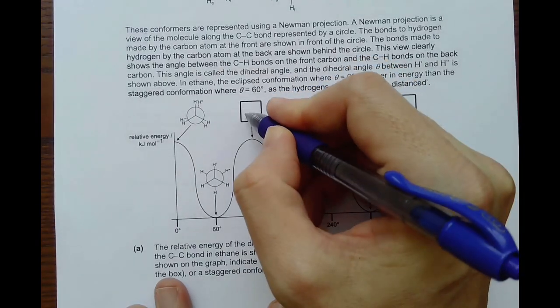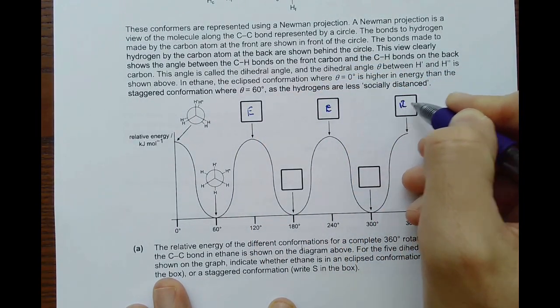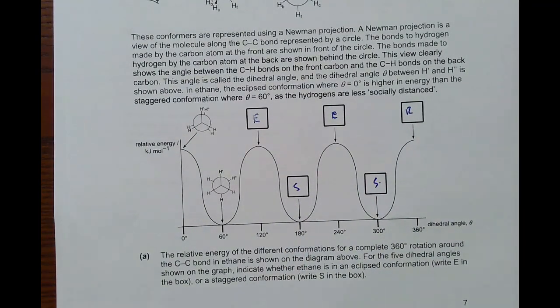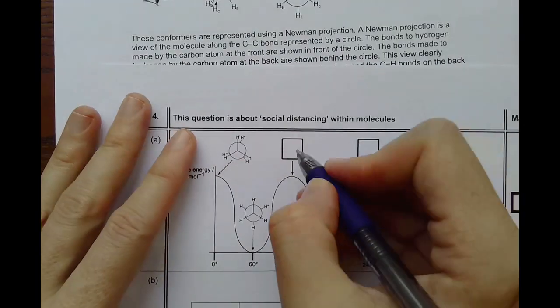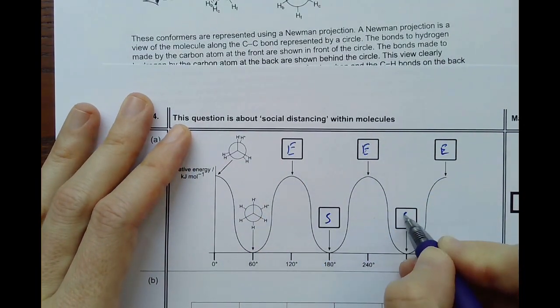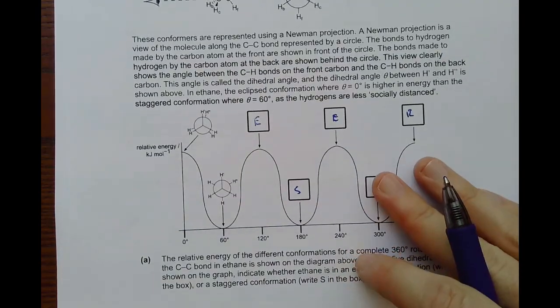So this is very simply just going to be E, E, E, S, S. I'm just going to go ahead and write that in here. E, E, E, S, S. Nice, easy 1 mark to get us started.